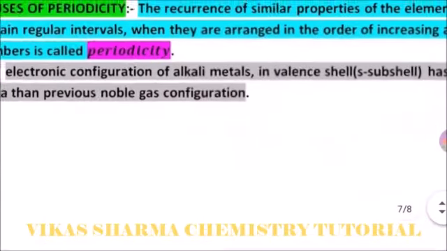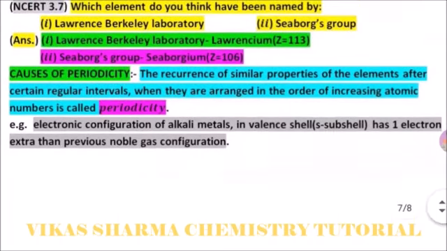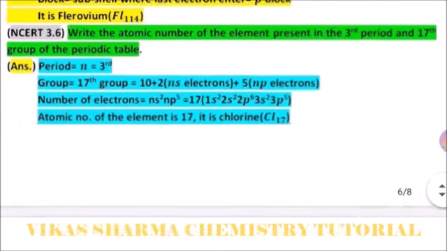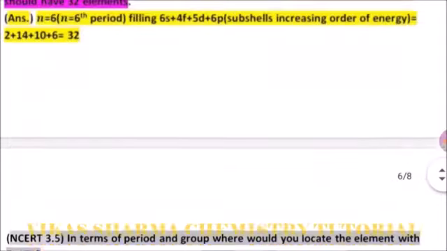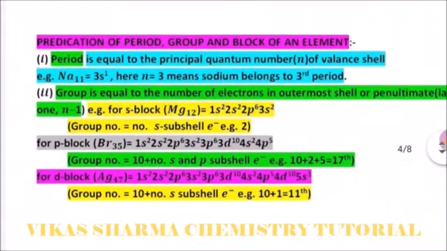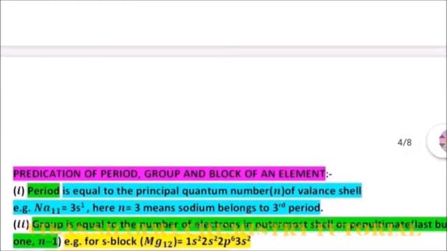So electronic configuration is the cause of periodicity, as explained. The same outer electronic configuration shows the same periodicity. NCERT 3.7, 3.6, 3.5, 3.4, 3.3 are based on this portion, and we can easily predict them from the electronic configuration: the principal quantum number tells about the period, the outermost electrons if we add them give the group, and the outermost electron subshell tells about the block of elements.